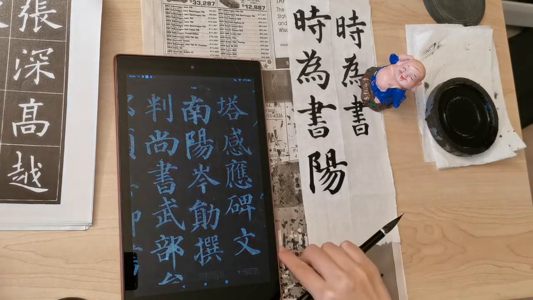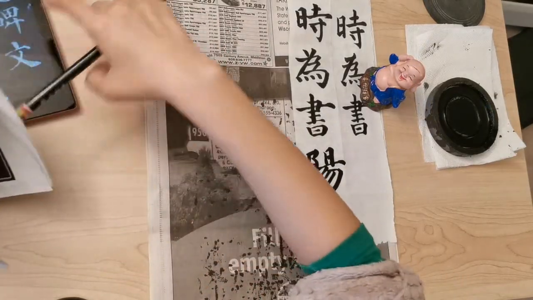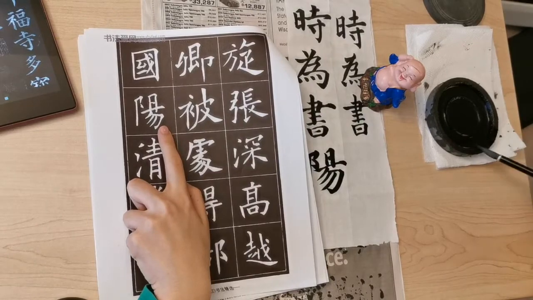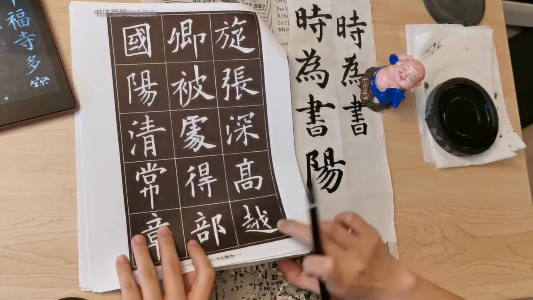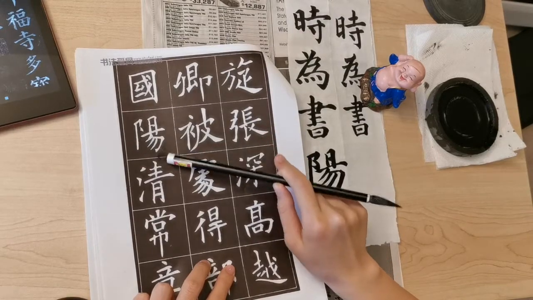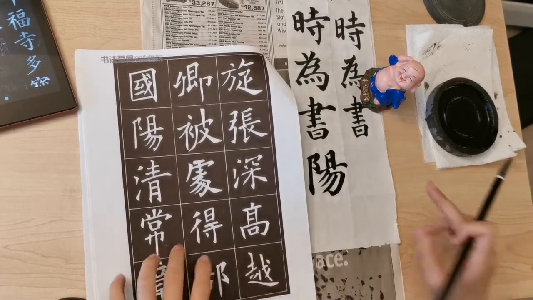Okay, what about the old style yang here? Well, for this one, you see the right lower part is comparably small, actually. It's pretty tight there.